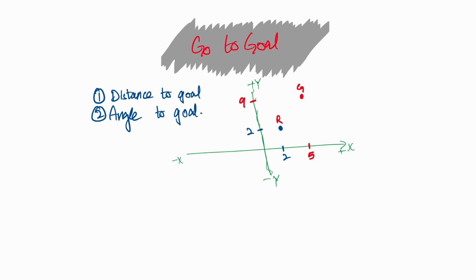What we are interested in is this specific distance, which is known as the distance to goal. And when we talk about the angle, we consider the angle from this perspective, the angle that our robot makes for the goal. For now, we are not going to look into the angle, as it makes things complicated.